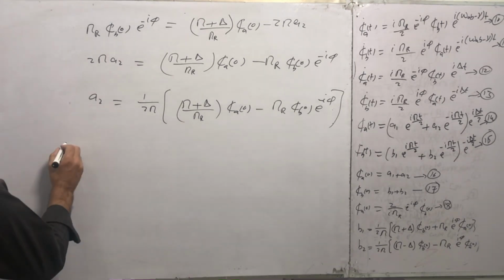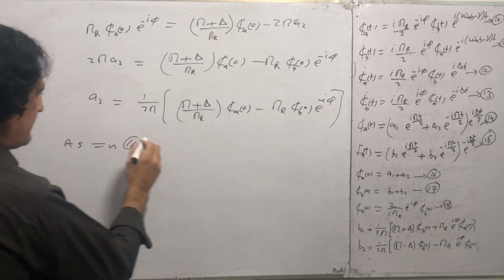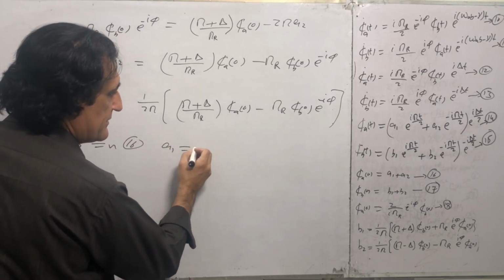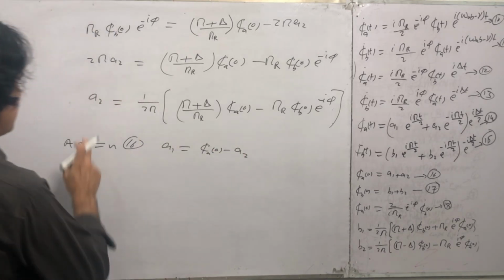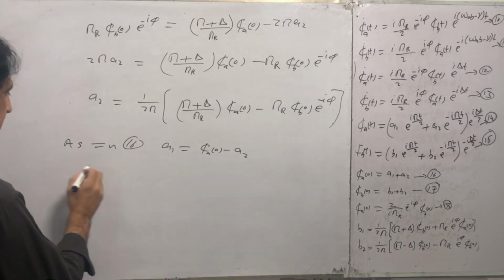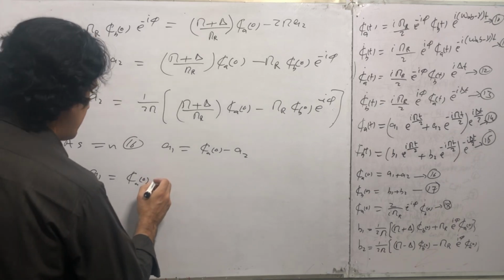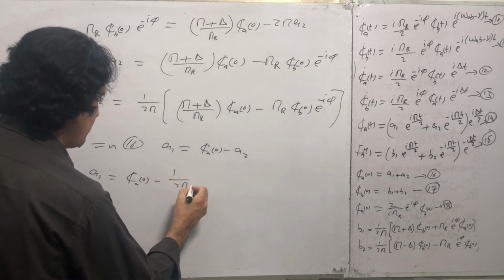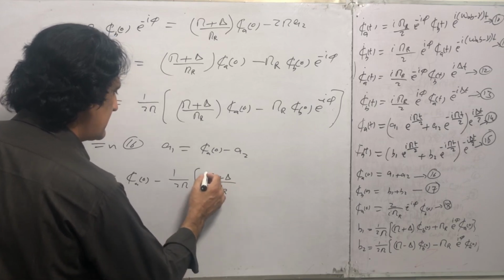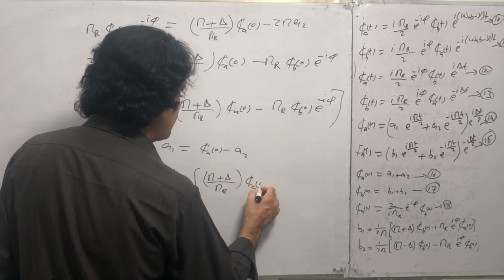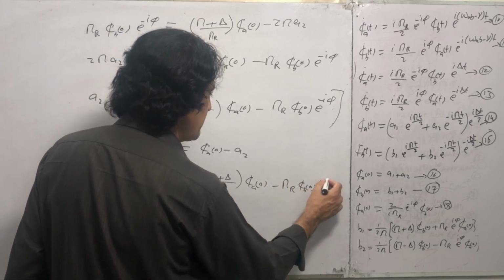As equation number 16 says, A1 is equal to CA of 0 minus A2, then putting the value of A2 here, minus A2, 1 over 2 omega, omega plus delta divided by omega r CA of 0 minus omega r CB of 0 e to the power minus iota phi.